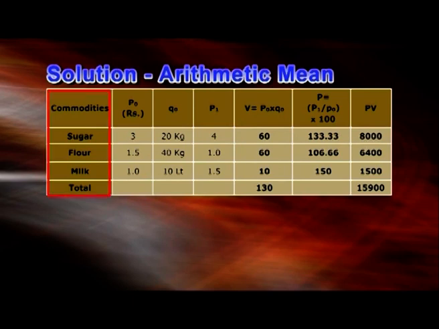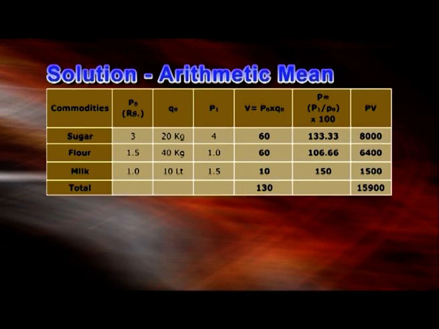The first column indicates the commodities, the second column indicates the price in the base year, the third column indicates the various quantities of the items in the base year, the fourth column indicates the price of the items in the current year, the fifth column indicates the value weights V, which is the product of P0 Q0, equal to 60, 60, 10, and the summation of V is equal to 130.